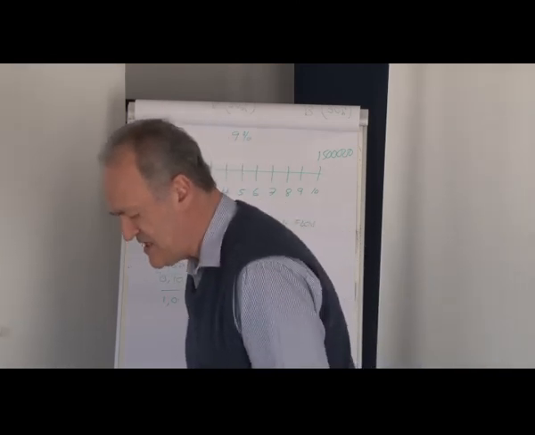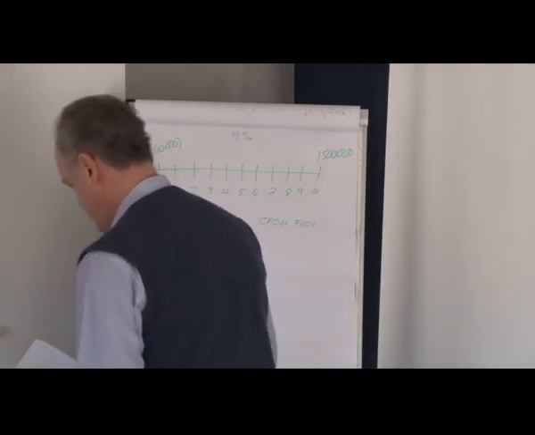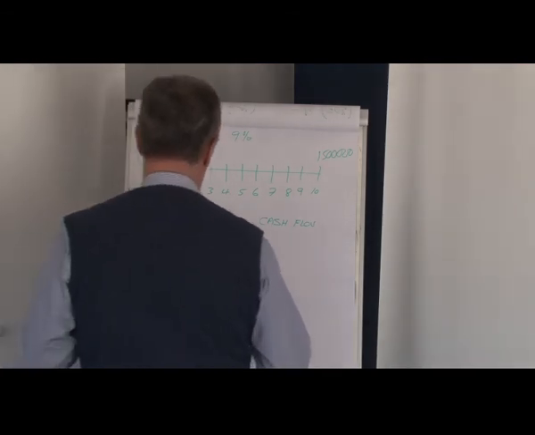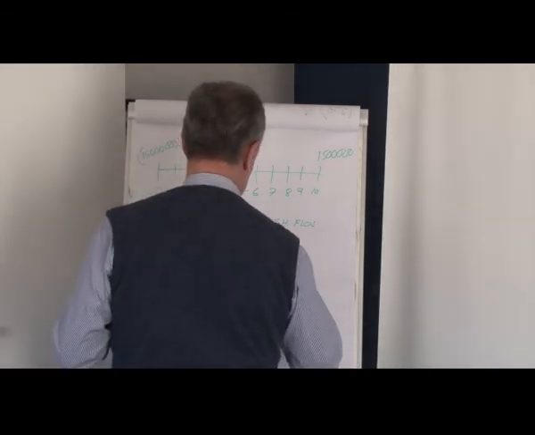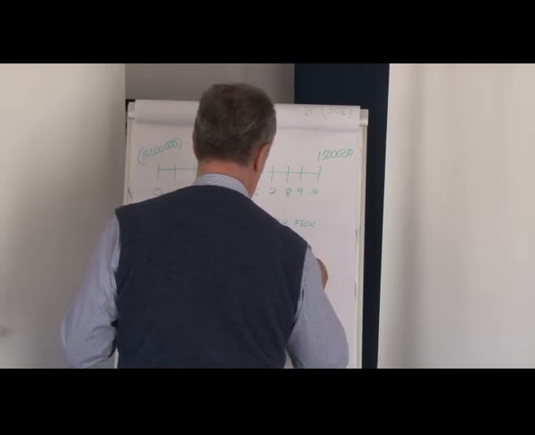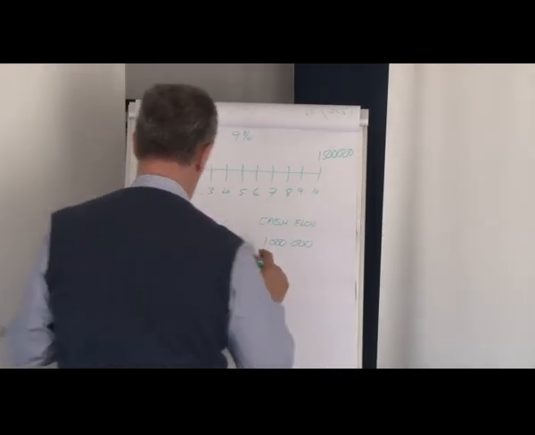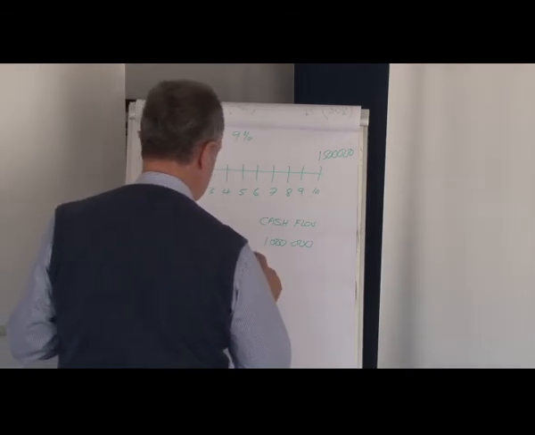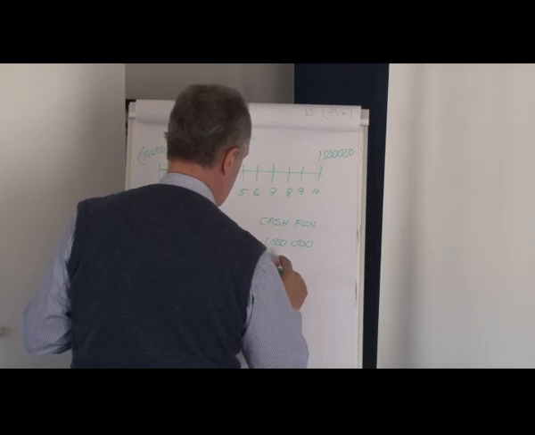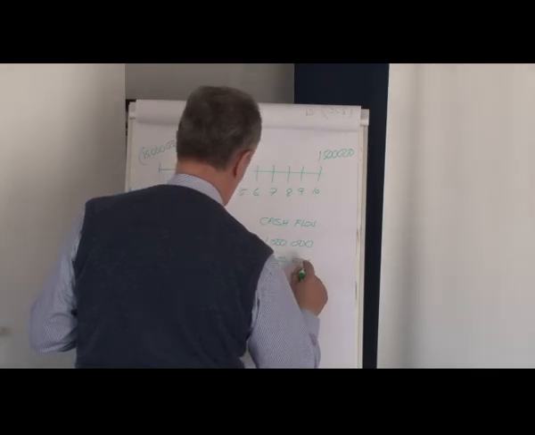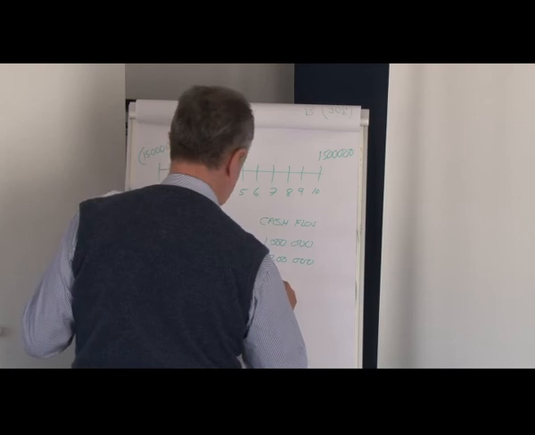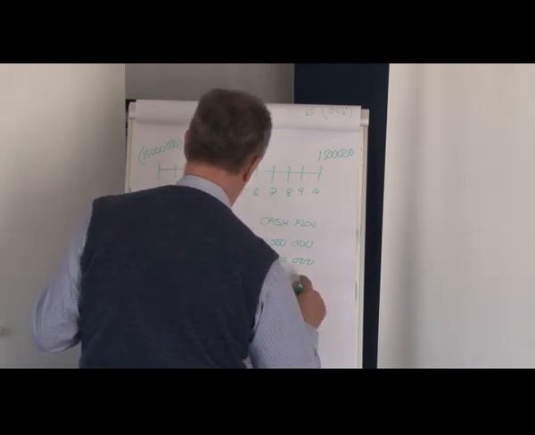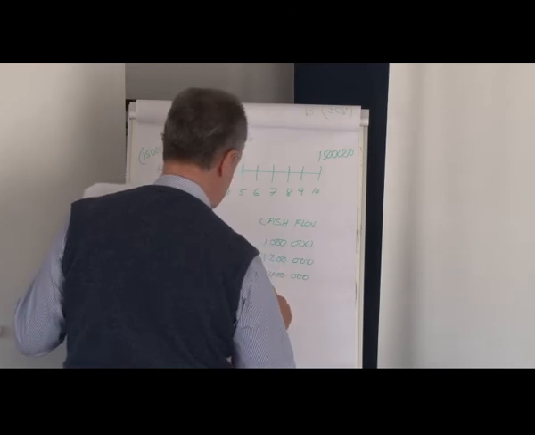Whilst we are saying the cash flows would be $1 million, 1,200,000, 1,400,000, and 1,600,000.